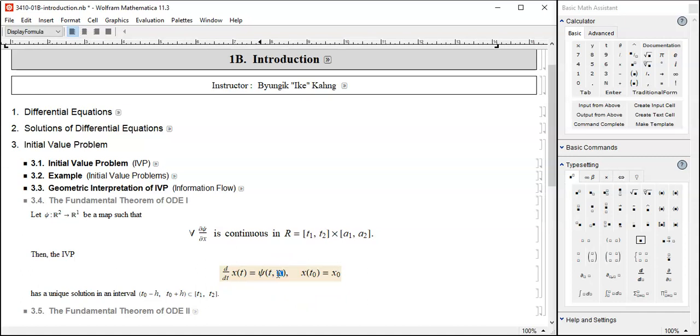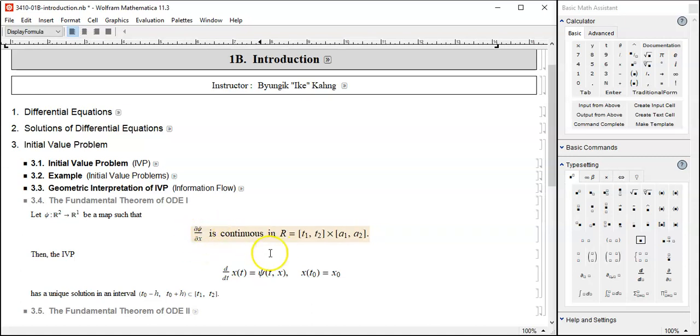As a matter of fact, the Lipschitzian condition is sufficient, but that's a little bit hard to check. So our textbook author decided to use this C1 condition, that the partial derivative exists and is continuous. We don't need all partial derivatives, sorry about that.